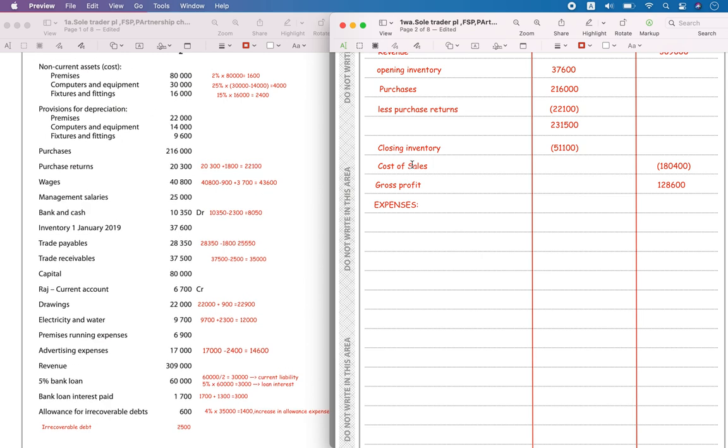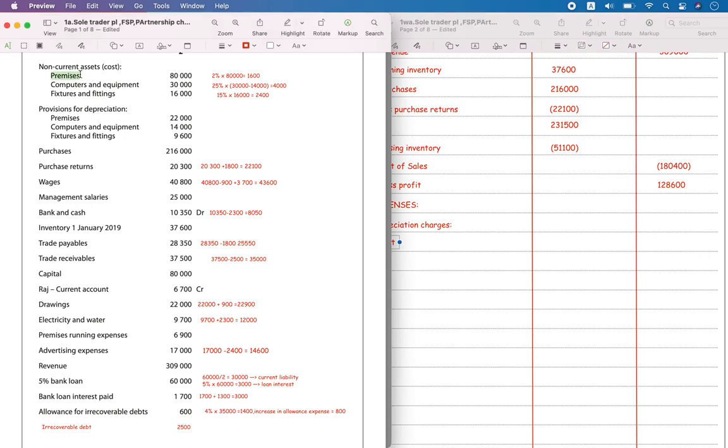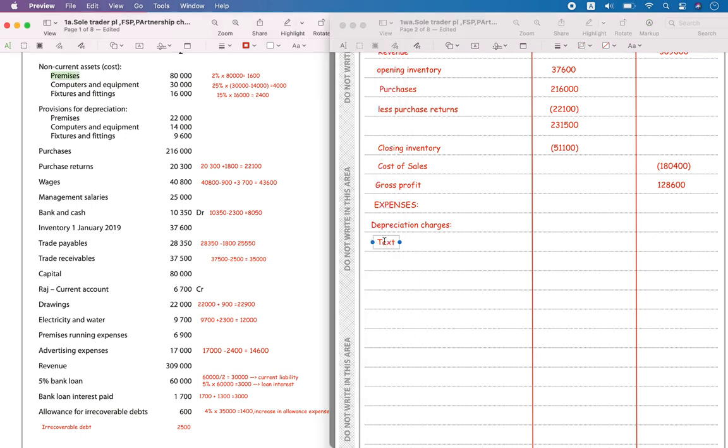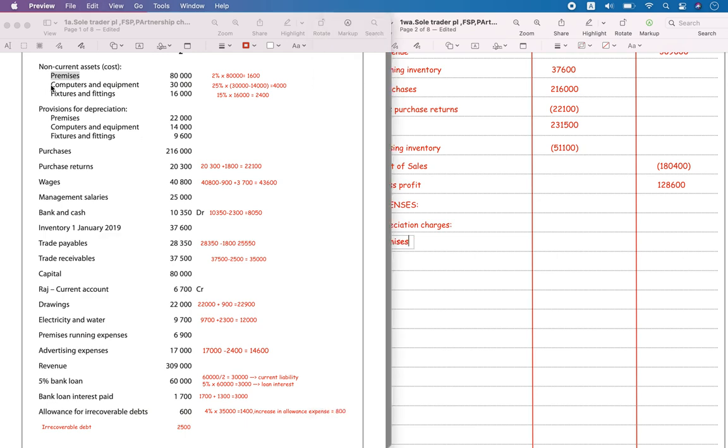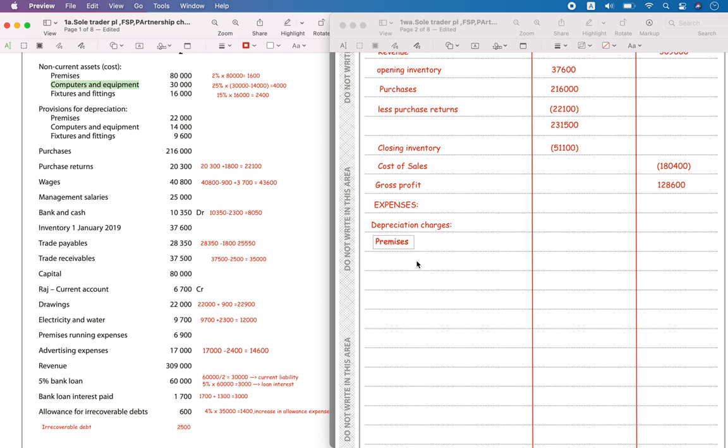The first one I'm going to put is the depreciation charges. So let's write the depreciation expenses for this year. The depreciation expenses for the three non-current assets are as follows. First one is the premises. We have already calculated the depreciation charges. Then the second one is computers and equipment.